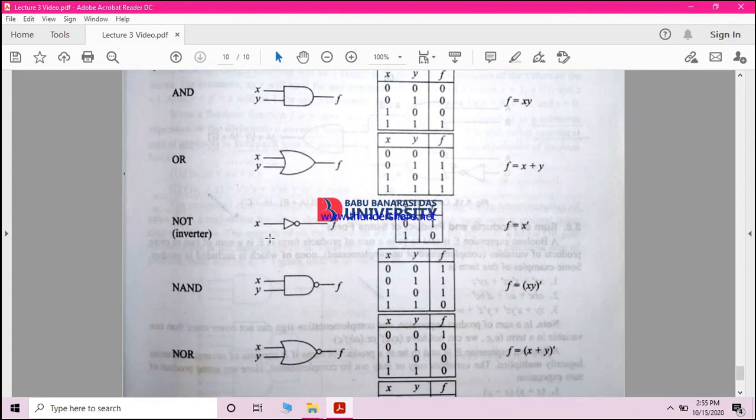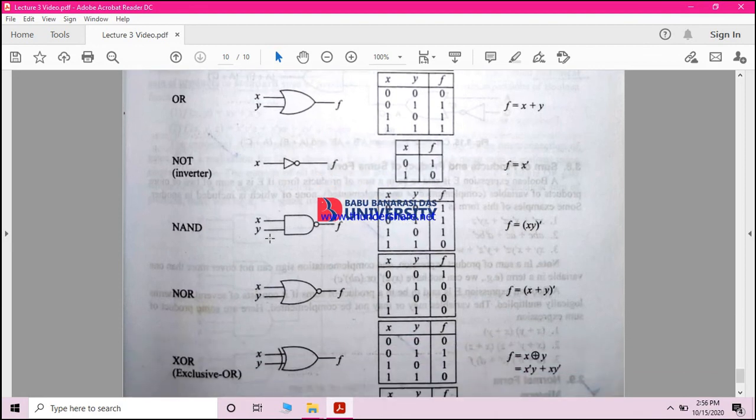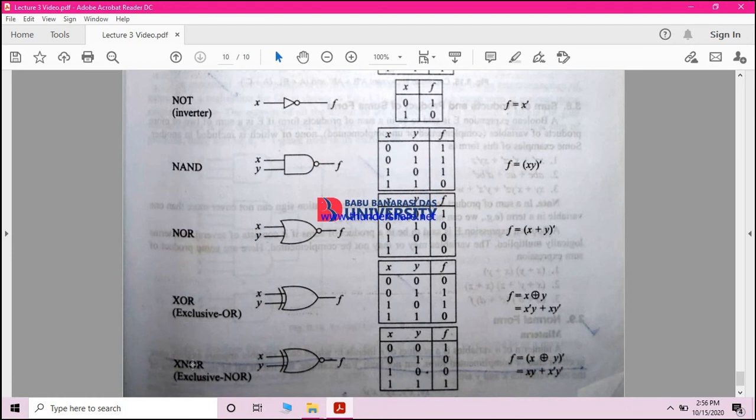What is a NOT gate or an inverter? It is simply the complement. If you give 0, you will get a 1. If you give 1, you will get a 0. What is a NAND gate? It is a combination of AND and NOT. So simply the AND truth table is complemented for the same values. The NOR gate is a combination of NOT and OR gate. So simply the OR truth table is complemented.